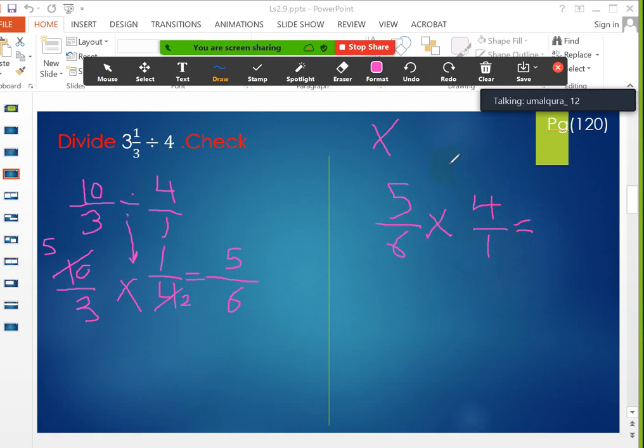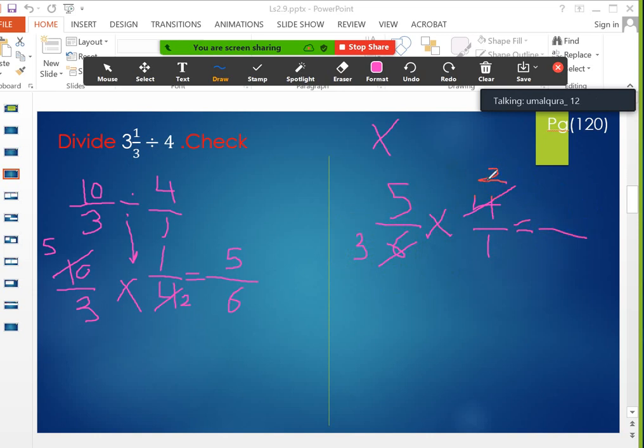First thing, can you simplify any two numbers with the greatest common factor? Yes. 6 and 4 can be divided by 2. Very good. So 6 divided by 2 equals what? 3. Very good. 4 divided by 2 equals what? 2. Very good.